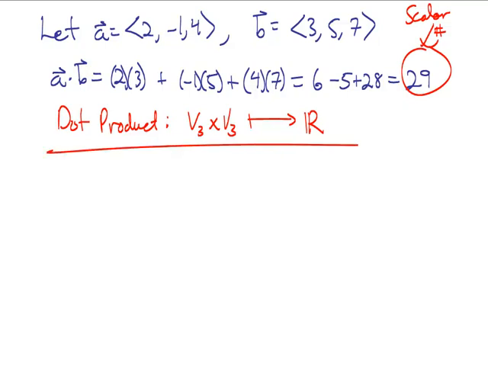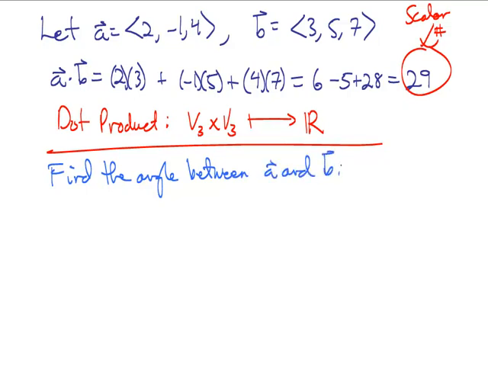Now, let's suppose we want to do something else. You'll have a homework problem similar to this. Let's suppose we want to find the angle between those two vectors, A and B. To do this, we're going to use both of our definitions of the dot product. The component definition that we just developed, as well as the original definition that we got from the concept of work.